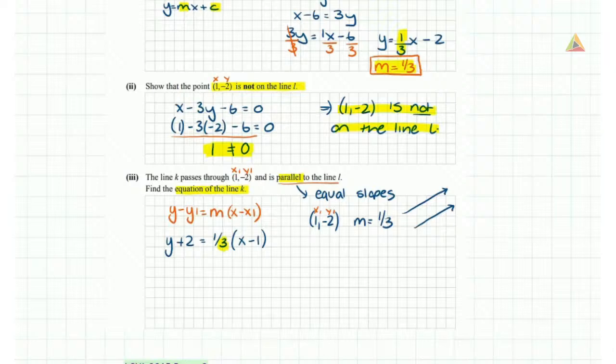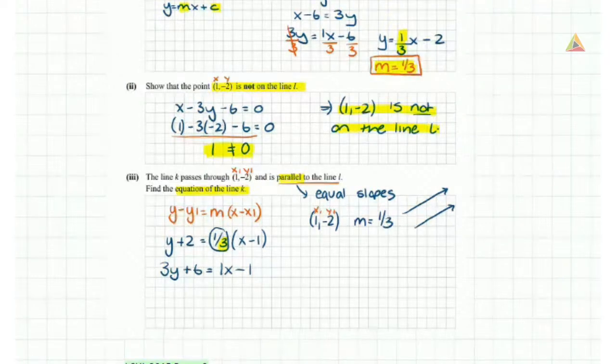And that should give you on the left 3y plus 6. On the right, when you multiply by 3 and you're dividing by 3, that's just going to cancel out and give me 1x minus 1 when I multiply out the brackets. So essentially, you're taking that 3, moving it across, and multiplying by 3 on the left.